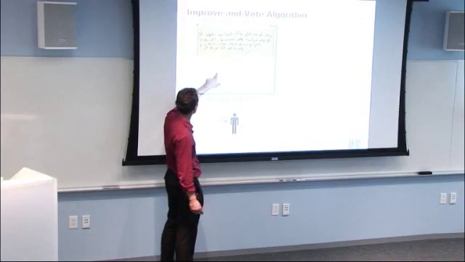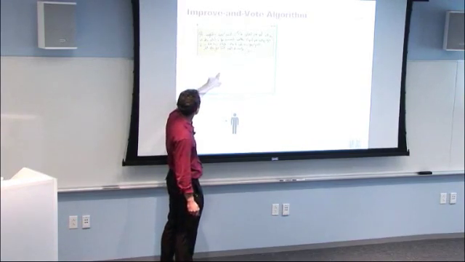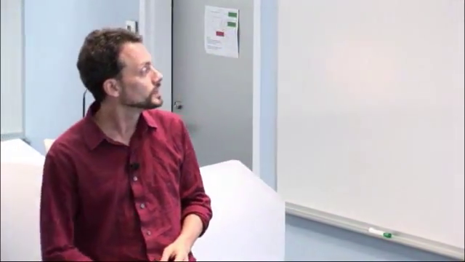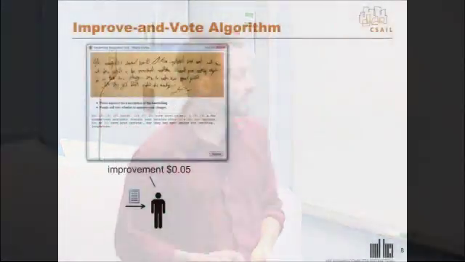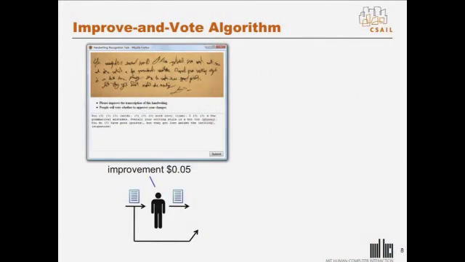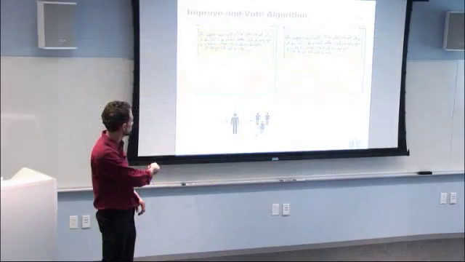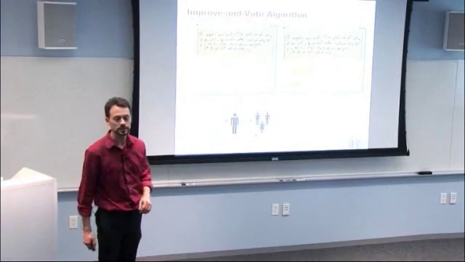And in this UI, this is a somewhat older version of the UI, workers can indicate when they're uncertain about things by putting parentheses around them and leave question marks for places that they don't know. So that person's asked to make an improvement, and so they make that improvement, and then what we do is take their input and their output, feed it to a group of voters, each of whom are paid a small amount to just say whether this input is a better transcription or whether this output is a better transcription.